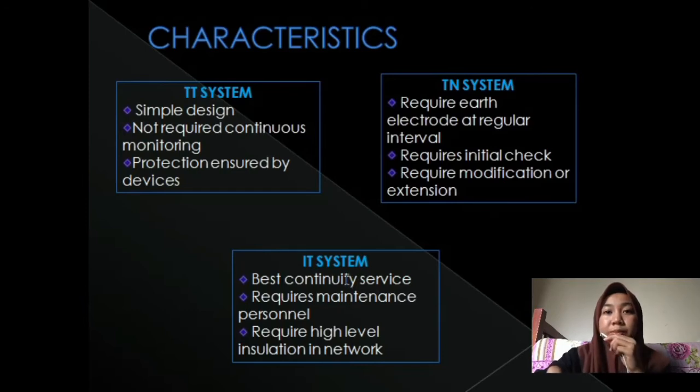For the IT system, it has the best continuity of service during operation. Next, it requires maintenance personnel for monitoring and operation. Then it requires high level insulation in the network to prevent high leakage current.